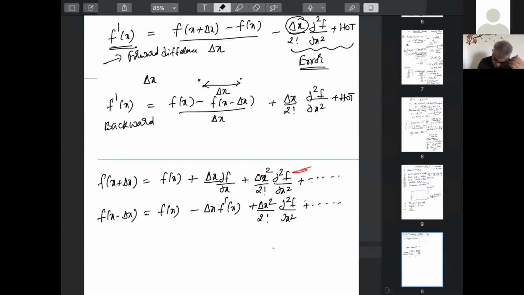If I subtract one from the other, f of x plus delta x minus f of x minus delta x, you get 2 delta x del f by del x plus 2 delta x cube by 3 factorial, del cube f by del x cube.